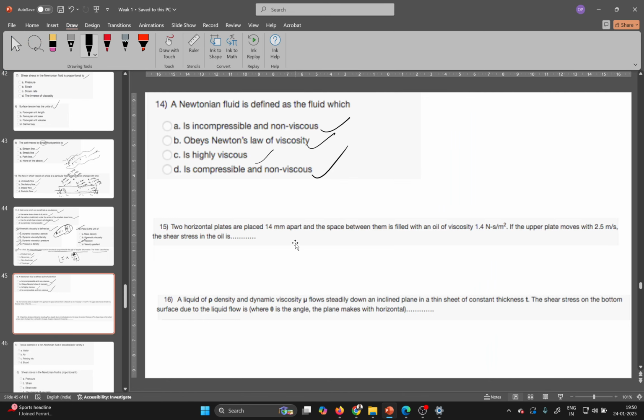Question number 15, a very interesting question. Two horizontal plates are placed 14 mm apart and the space between them is filled with an oil of viscosity 1.4 Newton second per meter square. If the upper plate moves with 2.5 meter per second, the shear stress in the oil is. So please first attempt it. You have 4-5 minutes for this question.